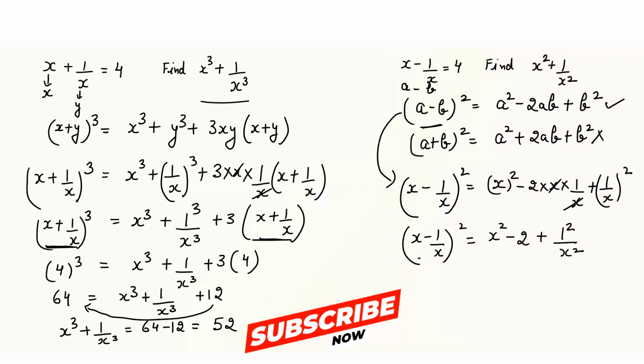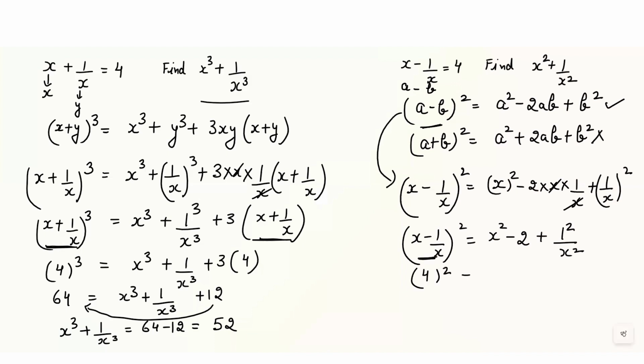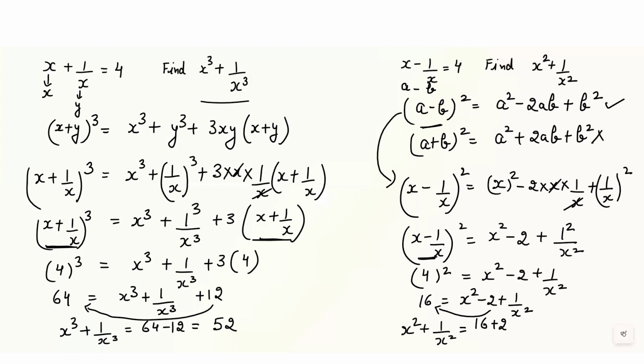This value is already given, which is 4. So 4 square equals x square minus 2 plus 1 over x square. 4 into 4 is 16 equals x square minus 2 plus 1 over x square. We take this 2 to the other side, and the value of x square plus 1 over x square equals 16 plus 2, which is 18.